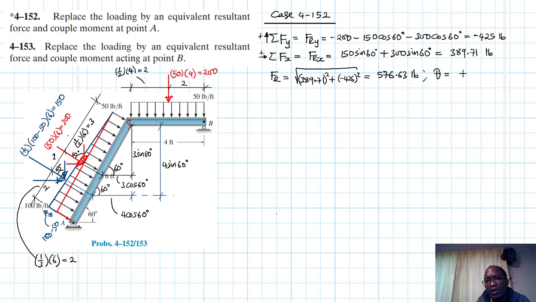Theta is going to be equal to tan inverse of the component in the y, which is minus 425, divided by the component in the x, which is 389.71.